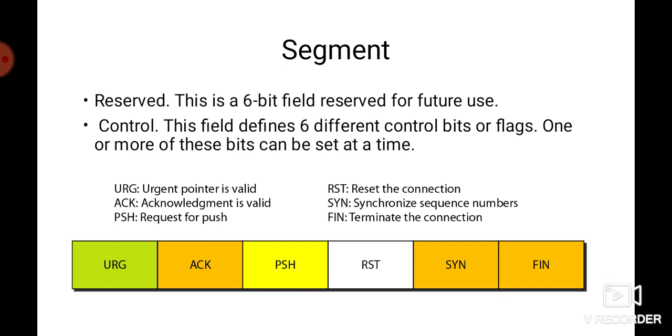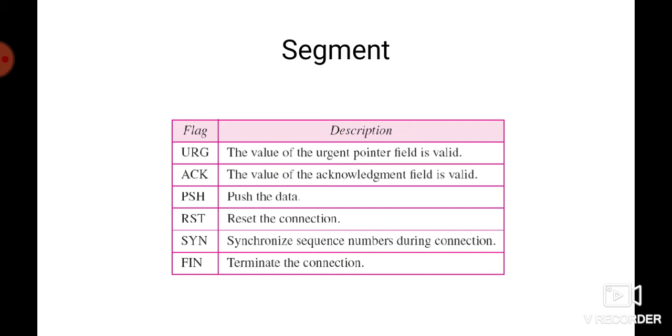Next we have control. This field defines 6 different control bits or flags. One or more of these bits can be set at a time. So these are the control fields. URG means the value of the urgent pointer field is valid.